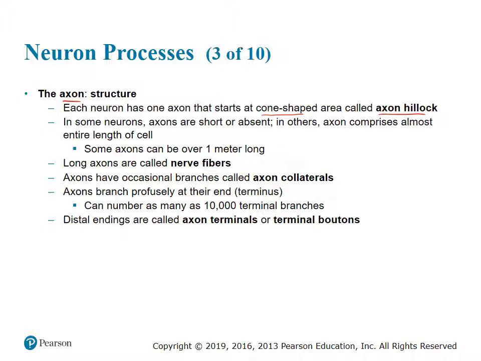Some are missing, they don't have an axon. Some do, and they're really short, and some are really, really long. So there's a combination depending on what neuron is doing what.